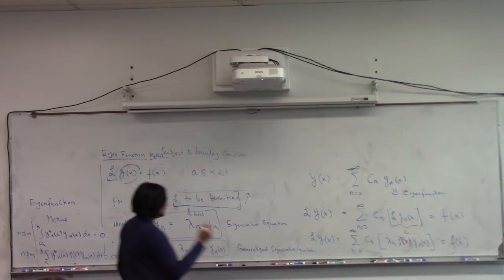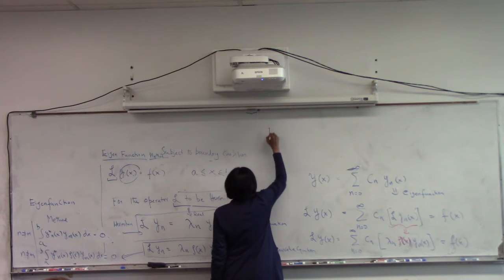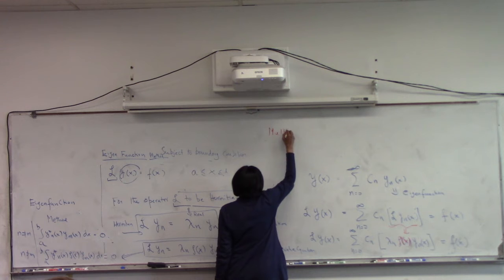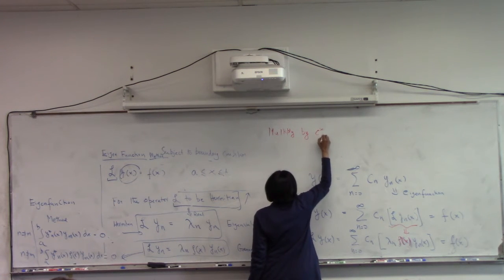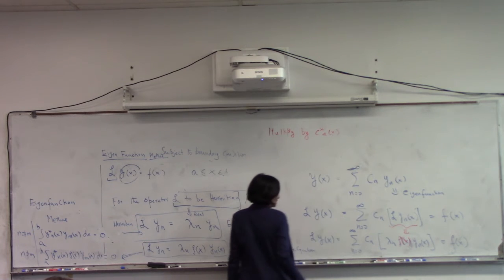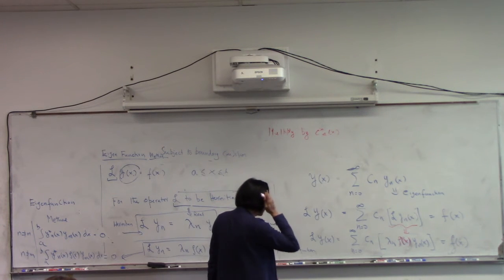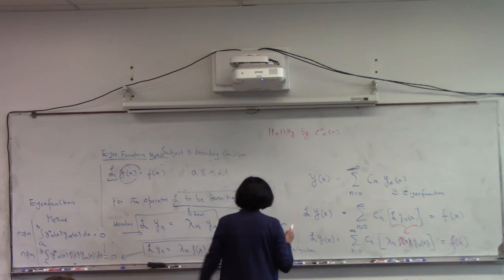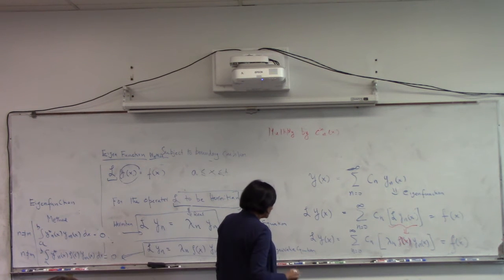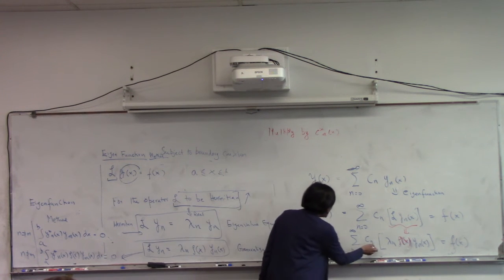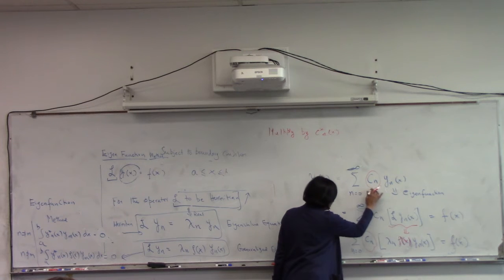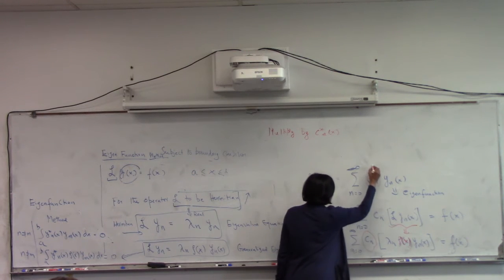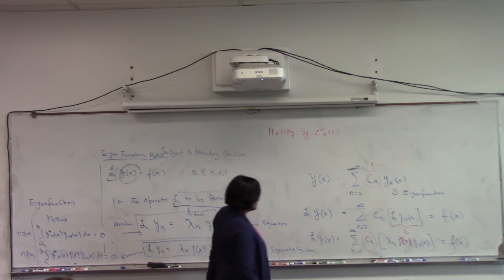So what I have is multiply by y star m(x), and then I can employ the orthogonal property, because I want to get this coefficient c_n. I'm saying my solution can be written like this; I want to write my y(x) in terms of these, and the only thing I don't know is c_n.